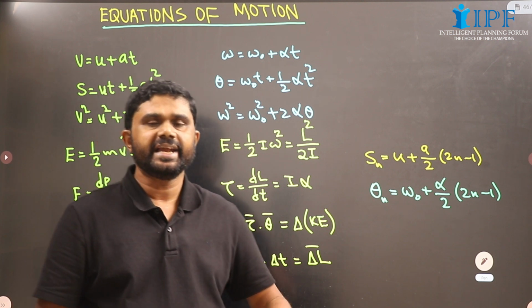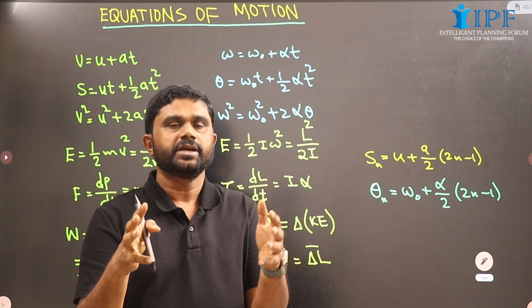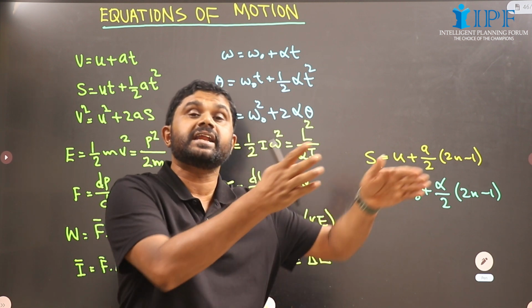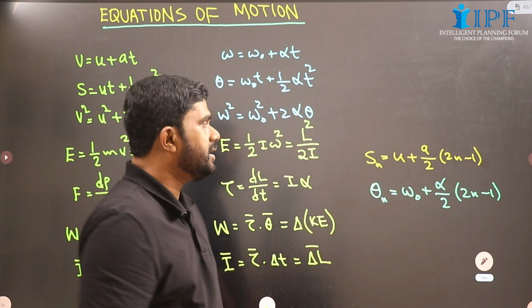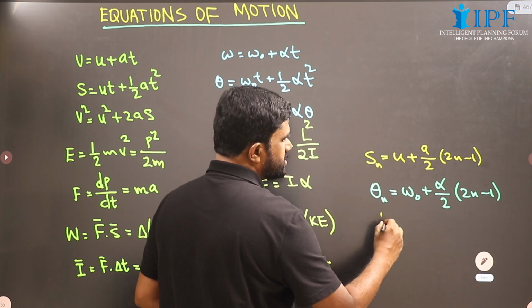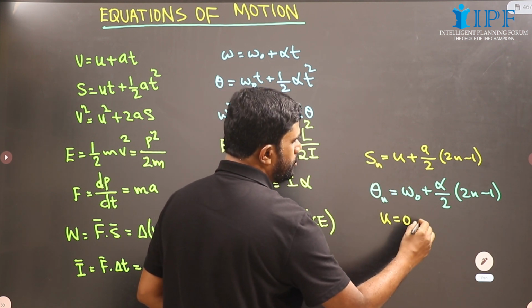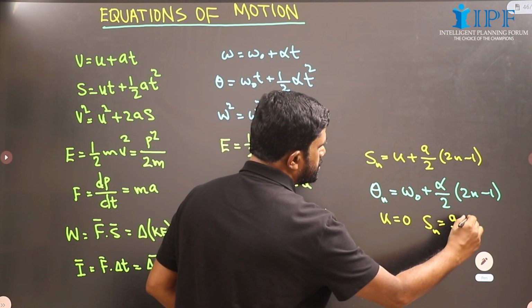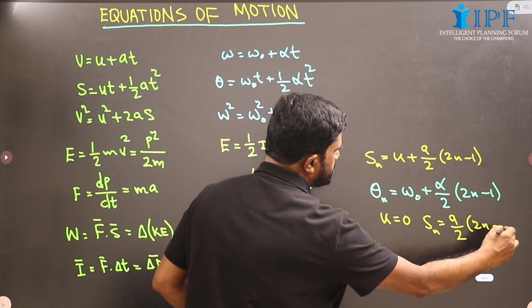In linear mechanics, if a body starts from rest and moves with a constant acceleration, that means when u equal to 0, s with the suffix n will be a by 2 times 2n minus 1.